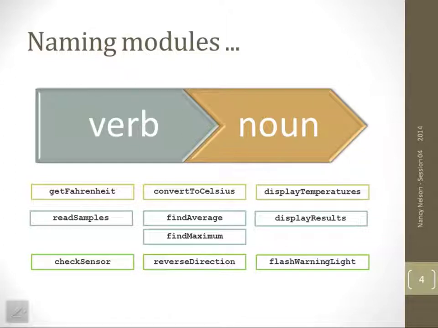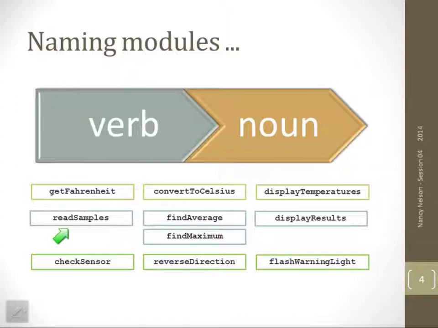In order to make your code maintainable and readable by others, all the functions that you include in your program should be named with a verb followed by a noun. So let's take a look at some of our input functions. We might have a function called getFahrenheit. This would imply we're going to get something from the user, and it's going to be something that represents a Fahrenheit temperature.